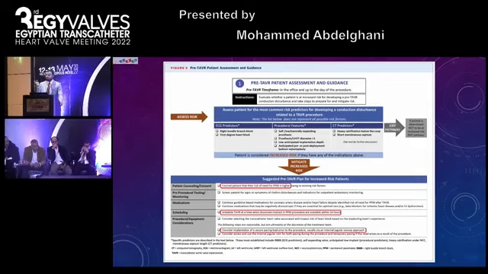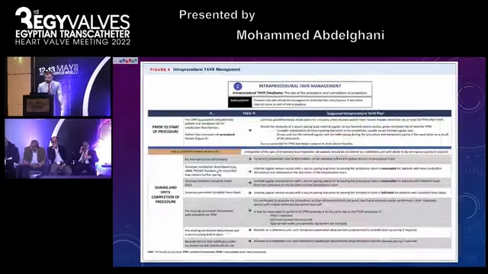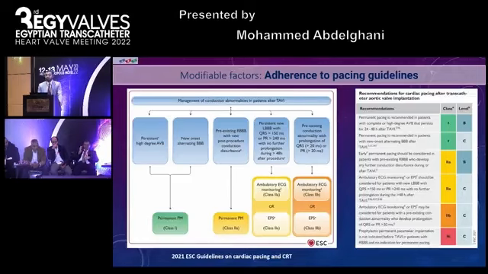Schedule TAVR at a time when pacemaker implanters are available. And consider implantation of a secure pacing lead peri-procedurally. As I've mentioned, we very recently had very clear, to-the-point indications in the pacing guidelines. They're very to the point, and I will not go through them.